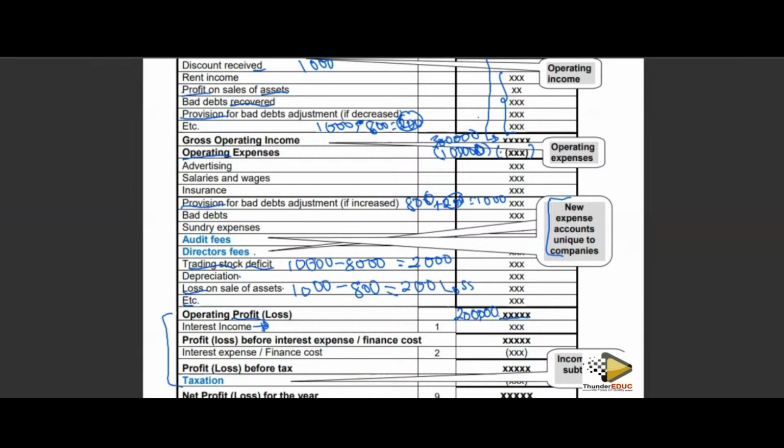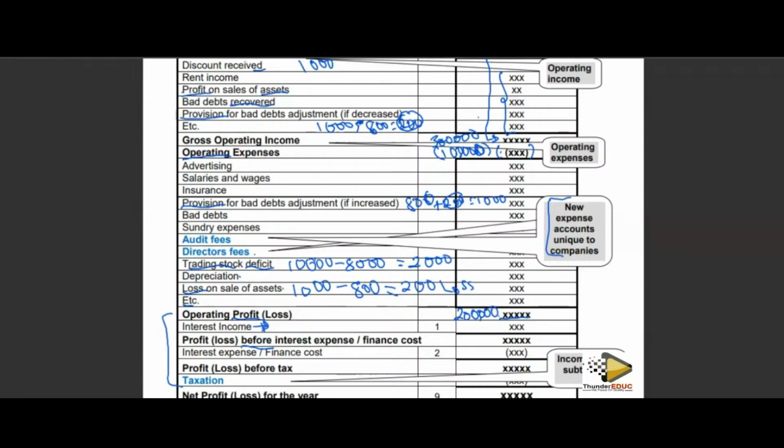Now, before interest expense or finance cost. So before we paid for interest, so this is the profit. Now, before means that this is what we have before. Remember, the interest expense is under.